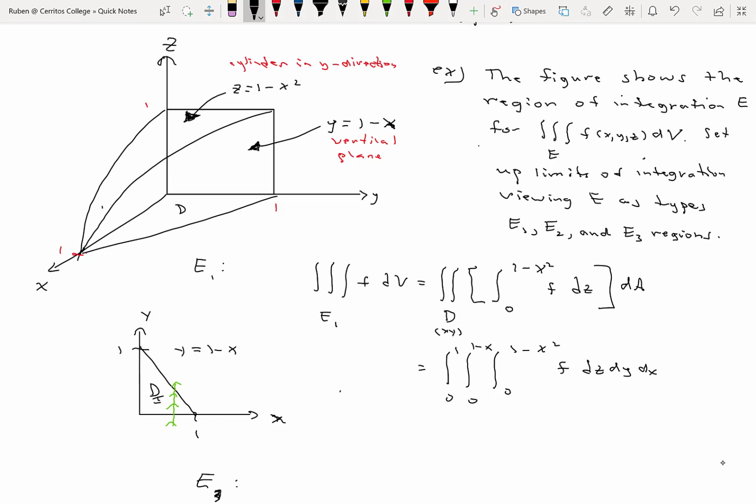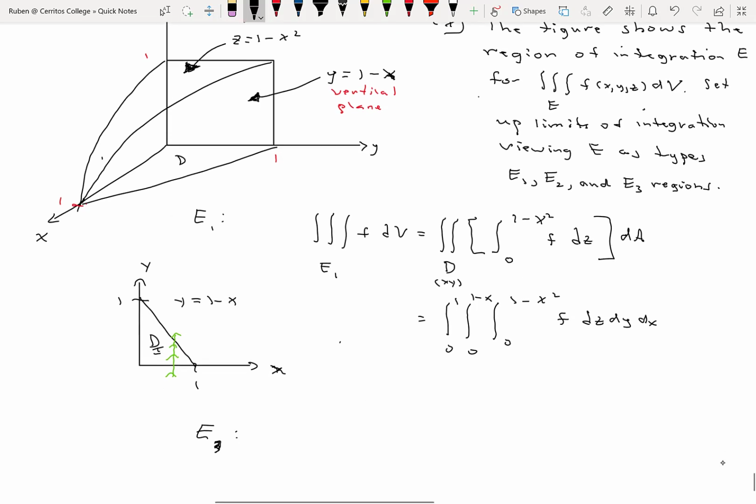If you look at this sort of strange piece of cheese that I have drawn in the first octant, and look in the xz plane, it looks like the surface on the left is y equals 0. This is the actual xz plane that's bounded above by that parabolic cylinder, z equals 1 minus x squared. So the surface on the right, if you imagine going from the xz plane to the right in our region, hits the vertical wall. So the vertical wall will be the surface on the right, given by y equals 1 minus x.